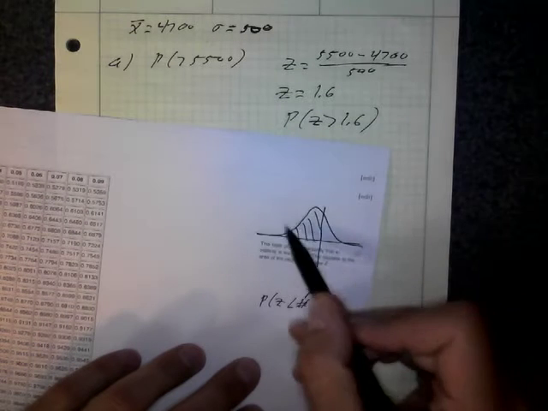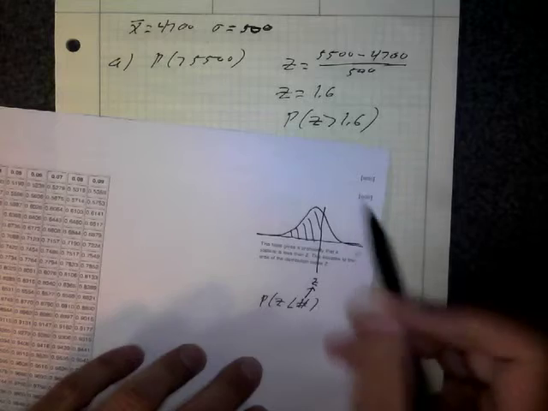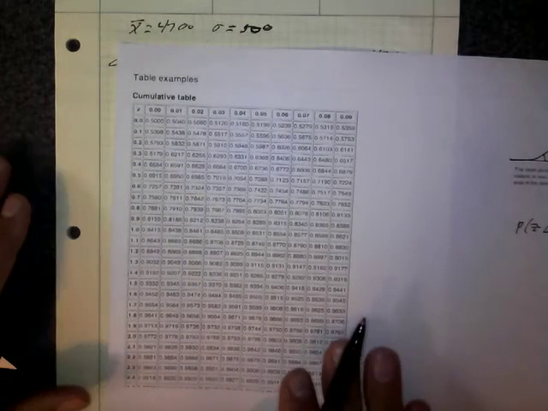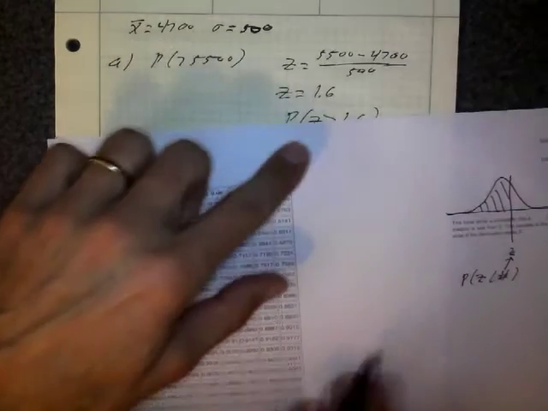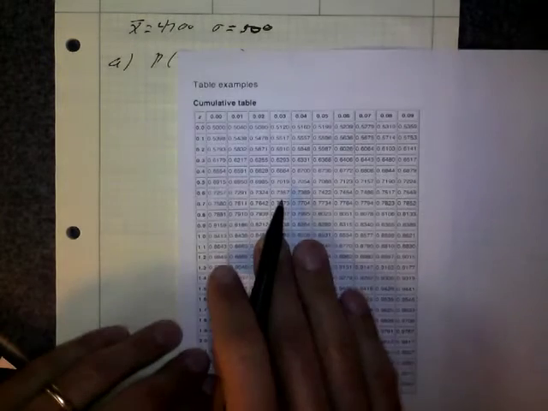But lucky for us, the total area under this bell-shaped curve is equal to 1. So although the tables give me the probability of being less than a Z value, if I need a probability greater than a Z value, as I do in this case, I can just take the value out of the chart, subtract it from 1, and that'll be my answer.